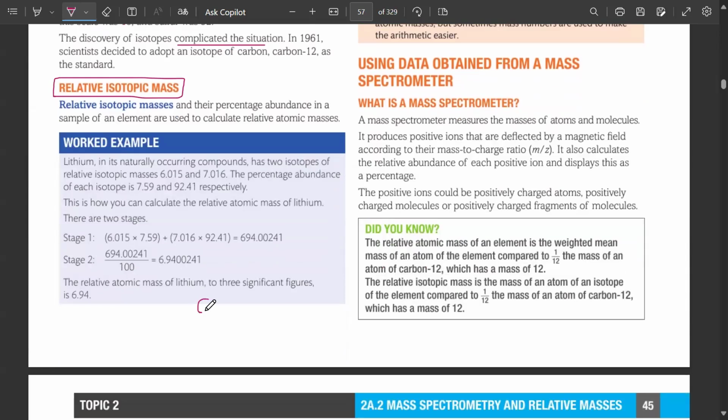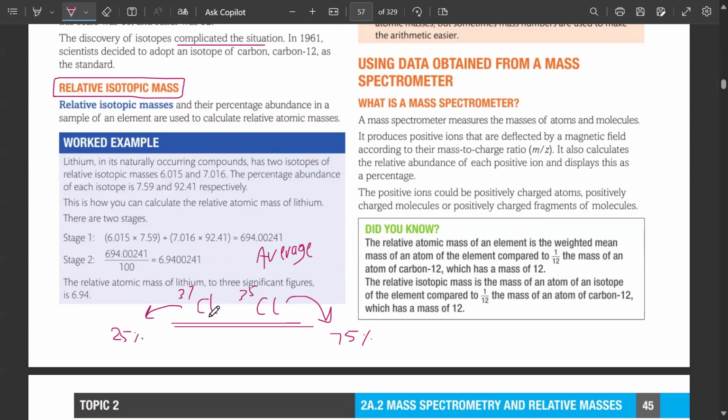For example, chlorine has two isotopes, chlorine 37 and chlorine 35. Now putting them both in the periodic table became complicated, so the scientists calculated the relative, or you can say average, of them. Average mass. Yes. Now, how did they do it? They calculated how much chlorine 35 is present on Earth. It had an abundance of 75%, whereas chlorine 37 had an abundance of 25%.